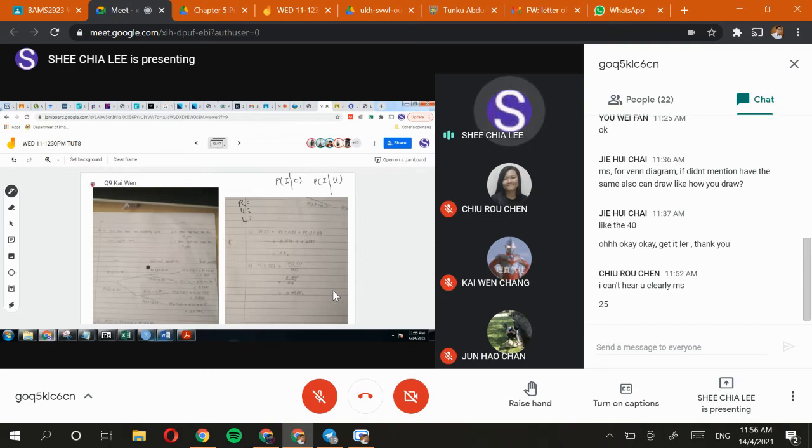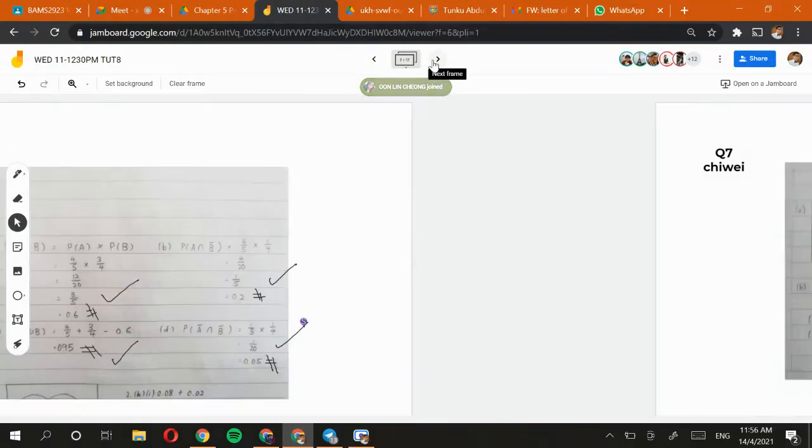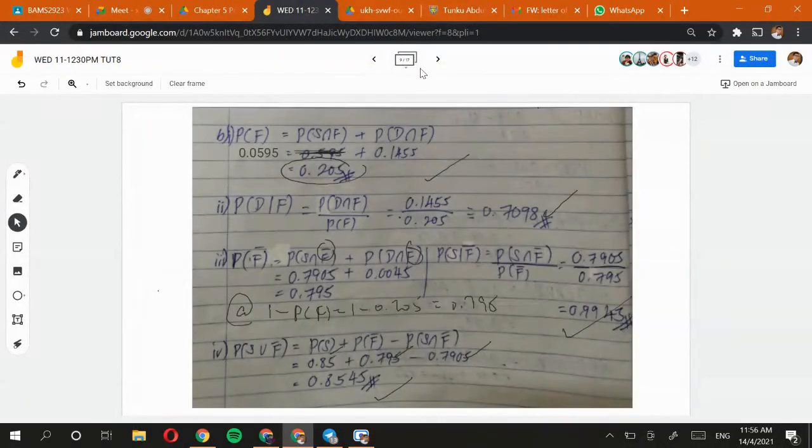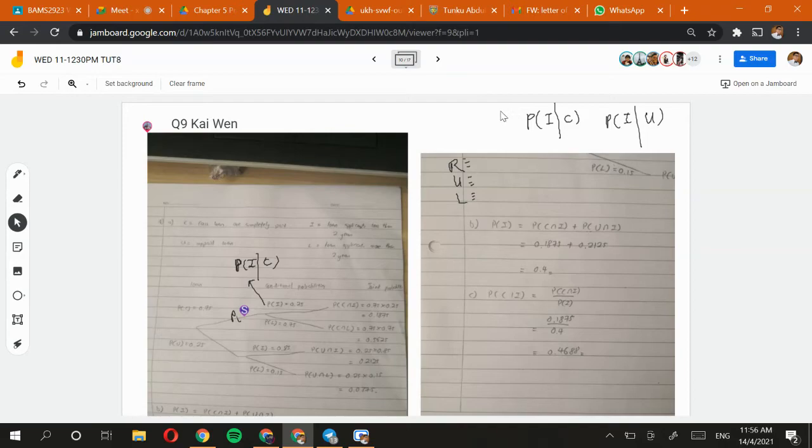So here, make it probability I given complete. Sorry, you use L, right? L given complete. Same thing goes to this one. Just use the conditional symbol.